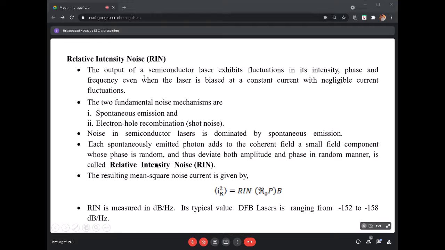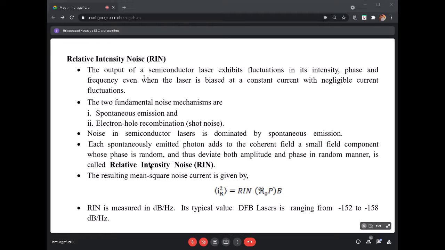As I said, it is the continuous emission of these photons, due to which it gets added to the coherent field as a small field component, which will be random. The phase will be random. Why random? Because we don't know the temperature. It is not in our hands, right?